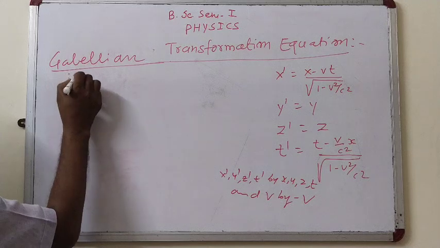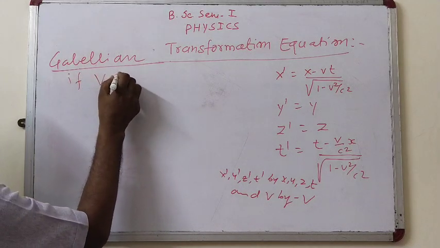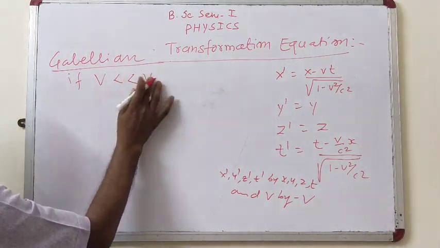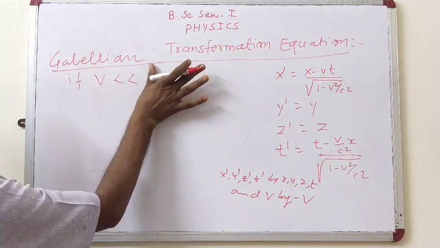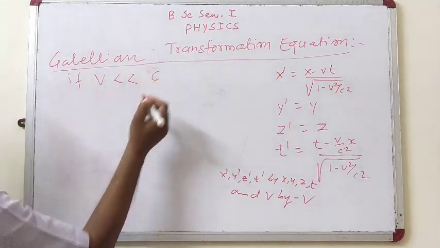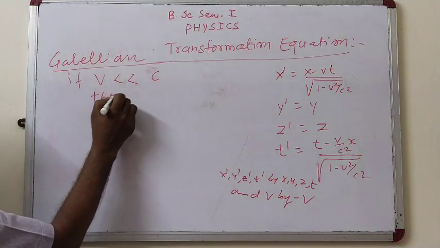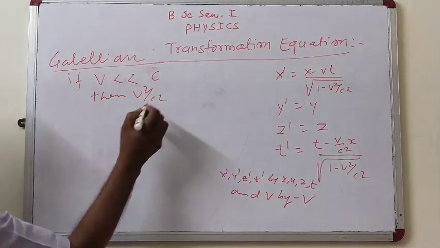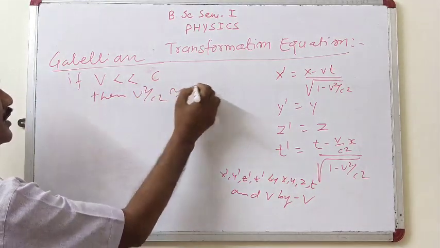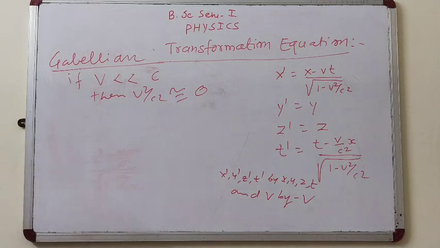If v is much less than c, then v square by c square is approximately equal to 0, very small, and it is considered as 0.